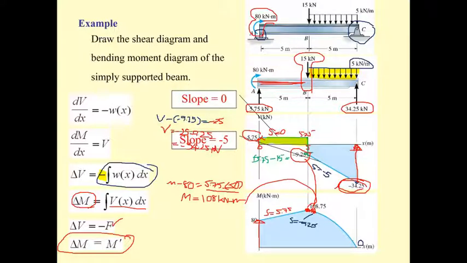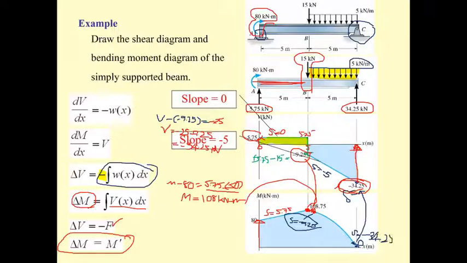And then what's going to be the slope here? The slope here is going to be this value. The slope is going to be the value of the shear. So you can draw the line from the slope of minus 9.25 to a slope of minus 34.25, which is a lot larger.